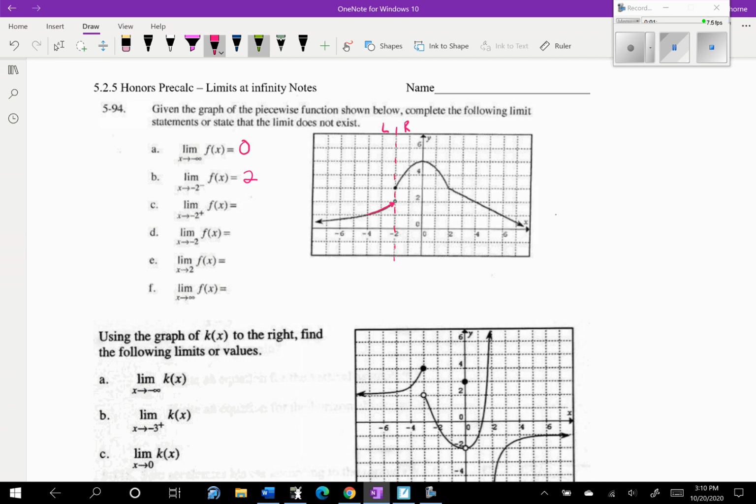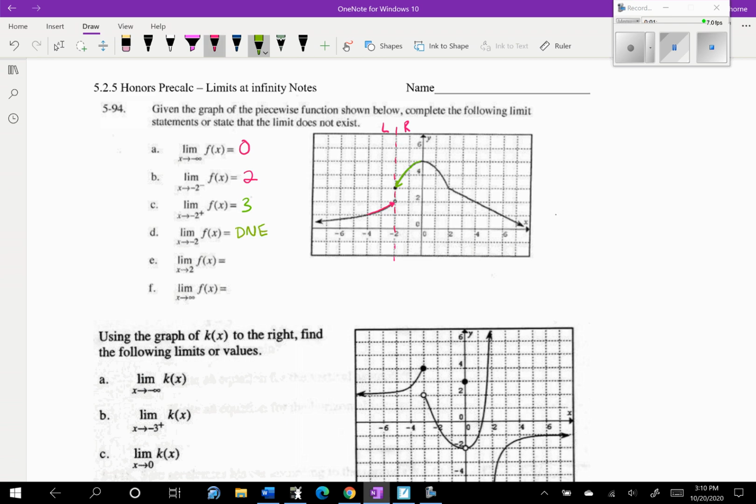As we are approaching negative 2 from the right side, we are up on this part of our graph, and you can see that the y value is approaching 3. Since the left and the right-hand limits are approaching two different values, that means that the two-sided limit, so there's no plus or minus right there, does not exist.